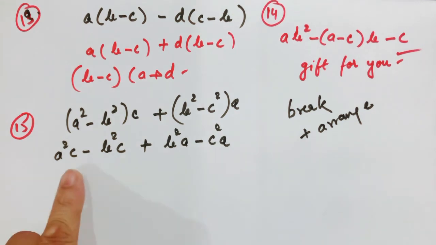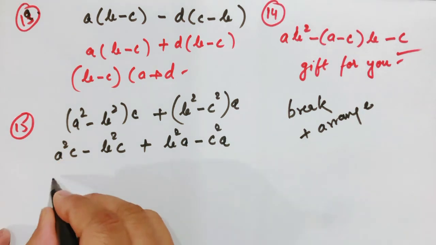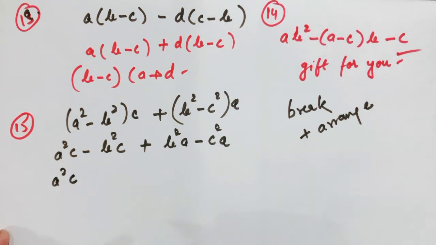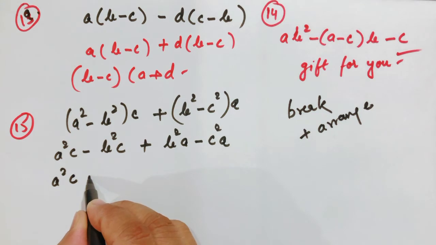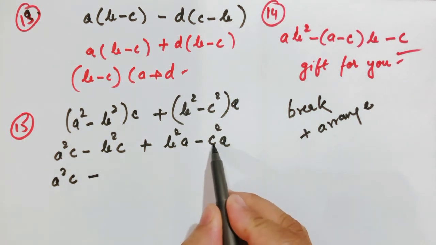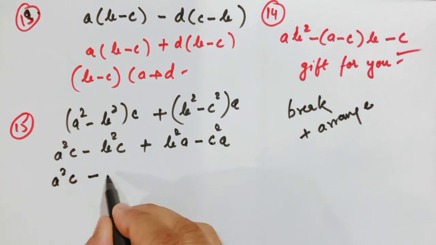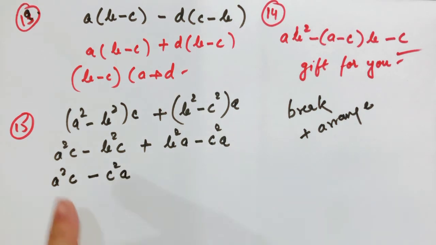तो आ जाइए. a square c, isn't it? a square c and minus क्या है? c square a. Yes, c square a. When in these two, when I'll take ac as common, I will be getting a minus c.